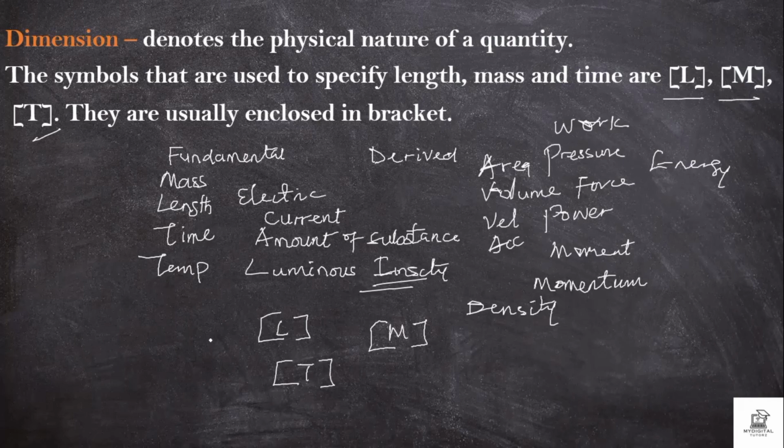So you need to understand that for length, anything that is measured in the unit of length, what is the unit of length? Meter or centimeter. So anything measured in the unit of length has a dimension of capital letter L. What are those quantities measured in a unit of length?